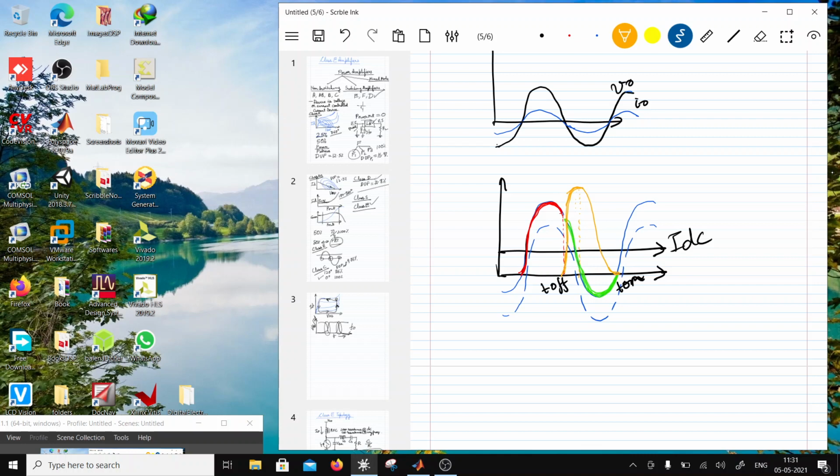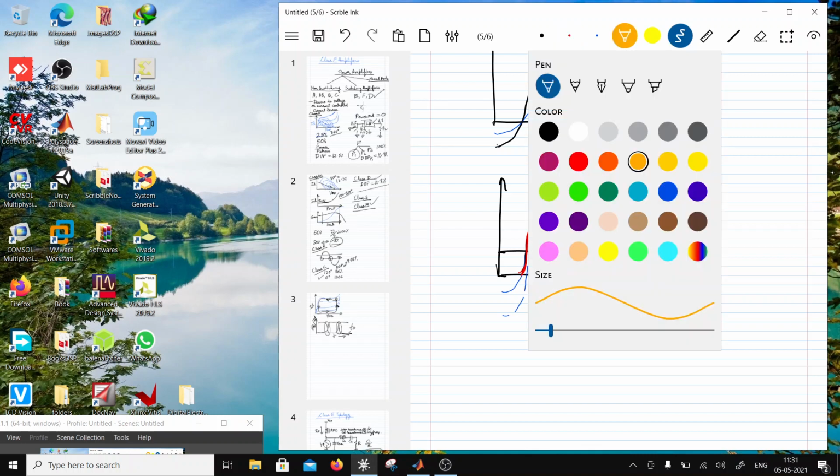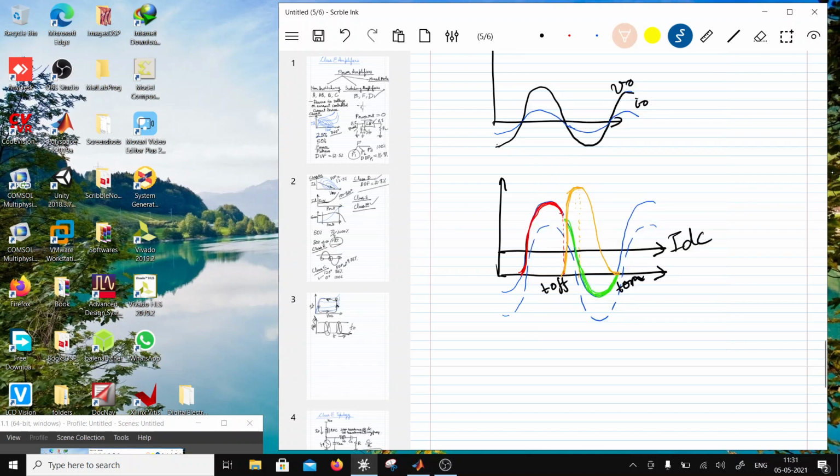Because I have chosen these points in such a way that the area under this curve is equal to the area under this curve. These two areas are basically the integration, right? So the integration of this waveform on the capacitor is the voltage. So the voltage is reaching 0 at this T on.